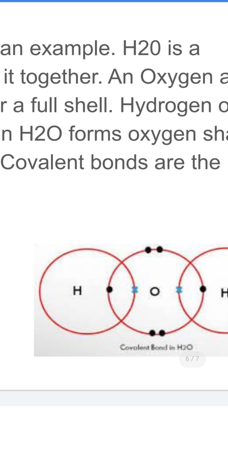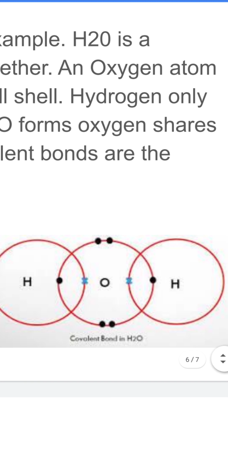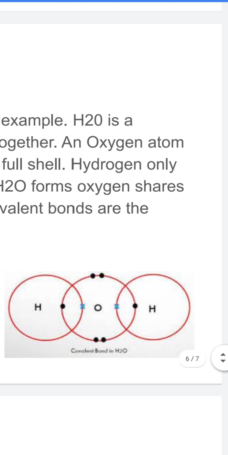It kind of looks like a Venn diagram, with the dots in the middle, in the similarity section, which means they're sharing them. As you can see here, oxygen and hydrogen are sharing one right here and then another one right here. So both of them are happy. This is a Lewis dot structure for a covalent bond, by the way.